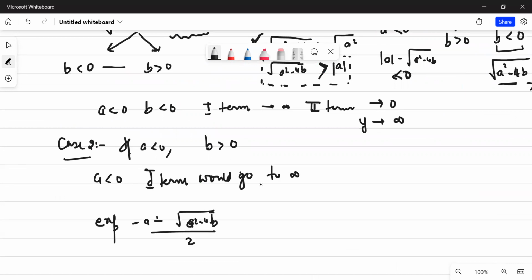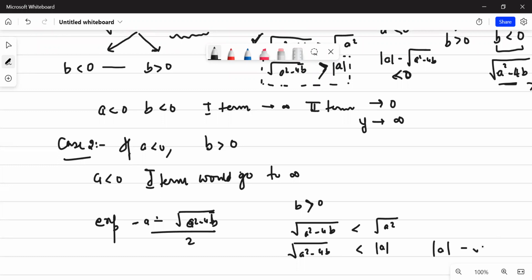Now, if b is greater than 0, then surely a square minus 4b would be less than a square, because you are subtracting something from a square. So obviously root over a square would be greater than root over a square minus 4b. So I can write that magnitude of a would be greater than root over a square minus 4b, or in other words, modulus of a minus root over a square minus 4b would be greater than 0. Is that clear?